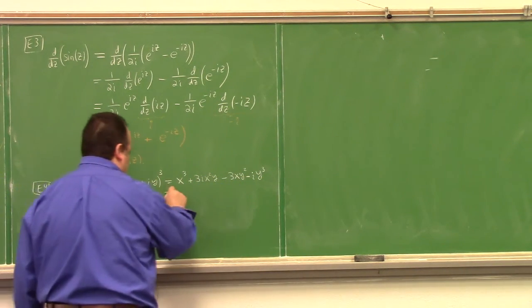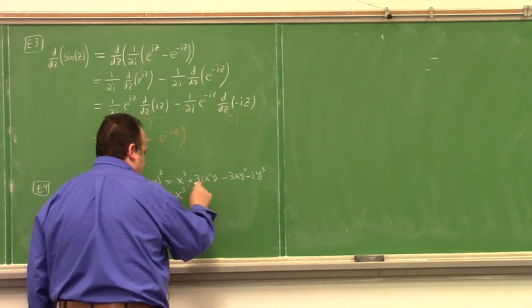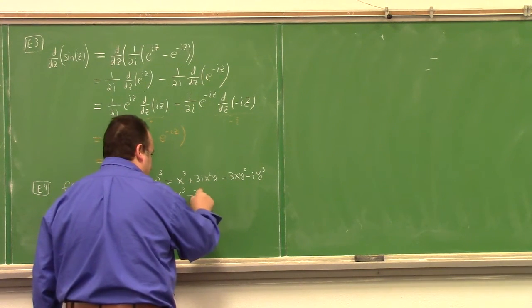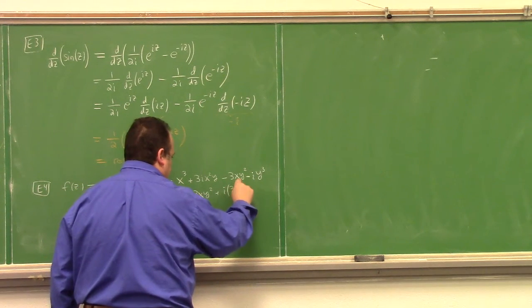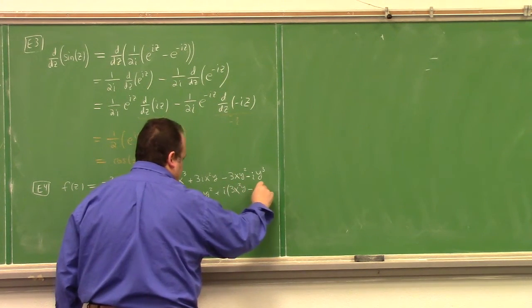Okay, so what do we got? If I made a mistake, it'll show up glaringly here in just a second. Minus 3xy squared plus i times (3x squared y minus y cubed), right?